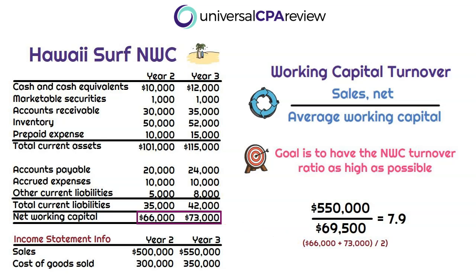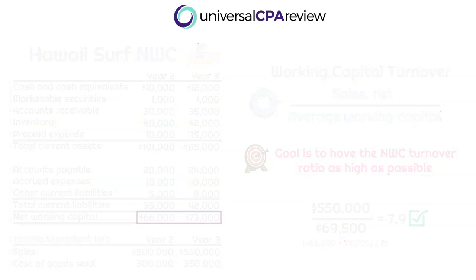And so that equals $69,500 of average working capital. That results in a working capital turnover ratio of 7.9 times. So that means based on company sales, they are completely flipping through their working capital 7.9 times per year.